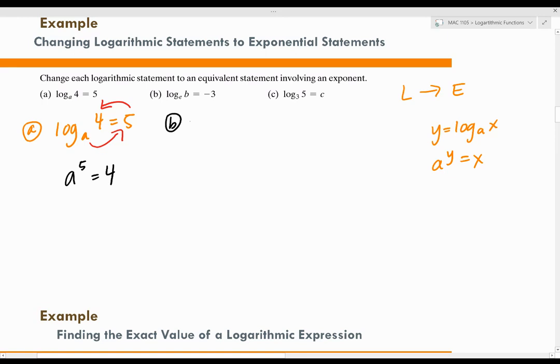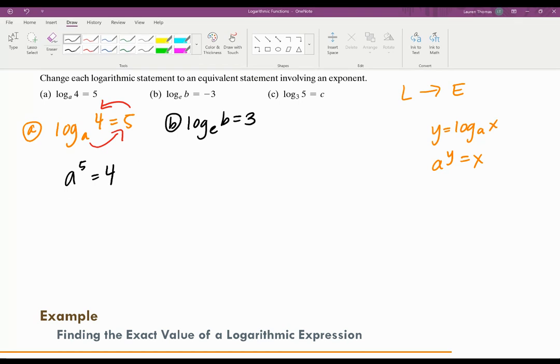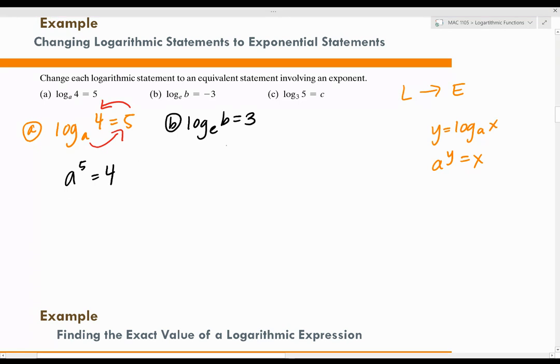For b, we have log base e of b equals 3. If you follow that same logic, you're going to go around the world. So e to the 3rd power equals b.